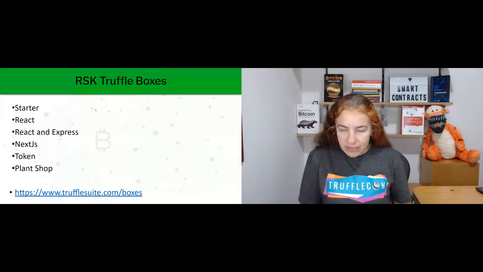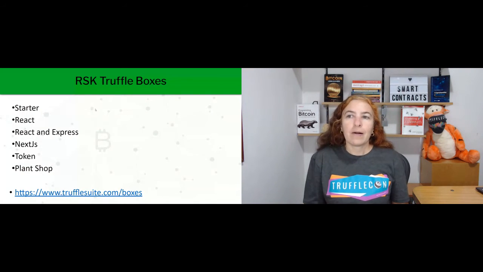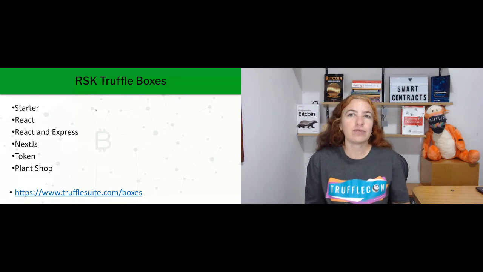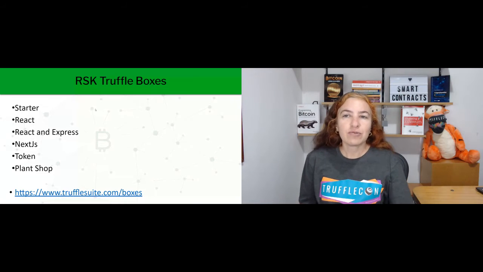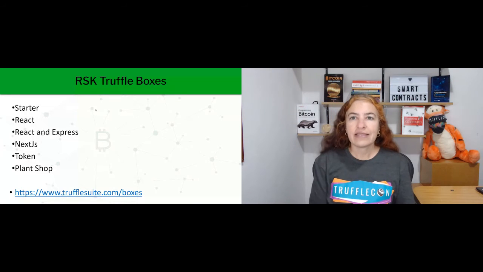The starter box only has the structure of Truffle and the Truffle config already set up for our network. It's only a basic smart contract. We don't have a front end. It's very basic. After that, we have 3 more boxes, and they are for front ends.